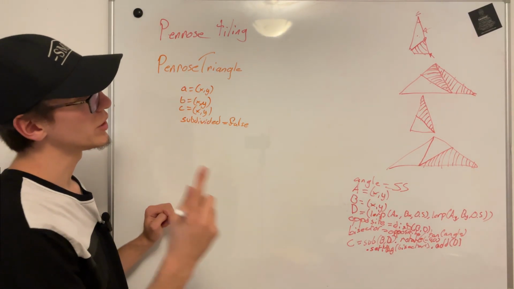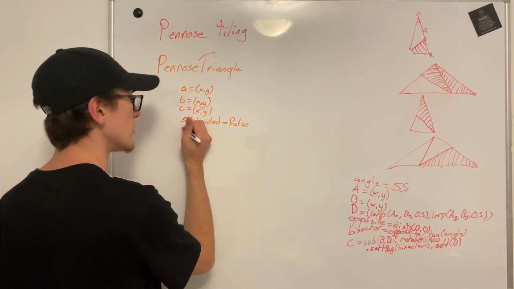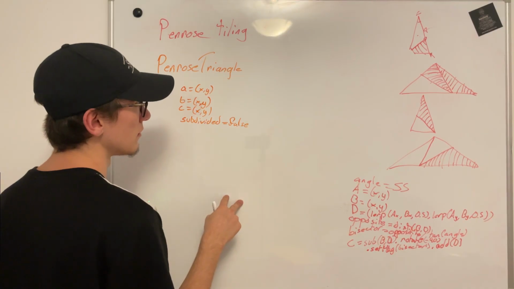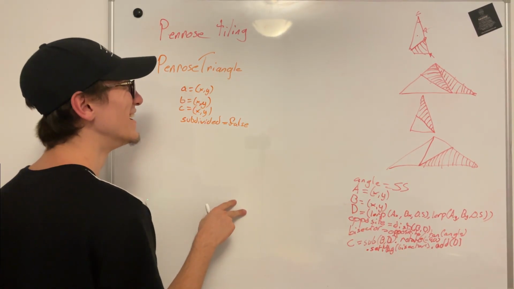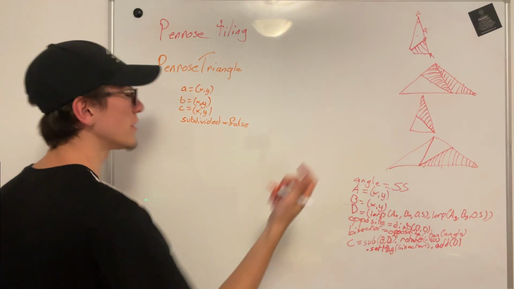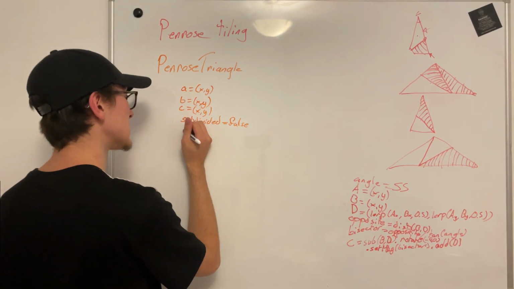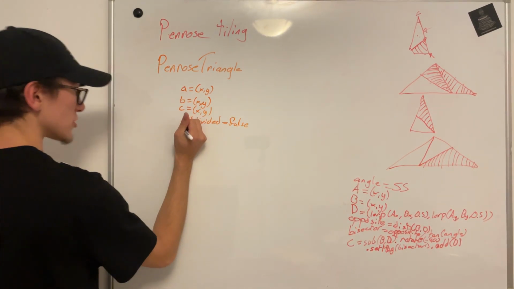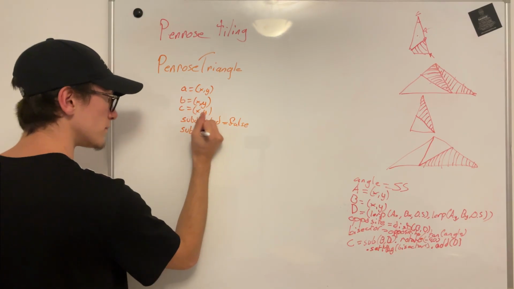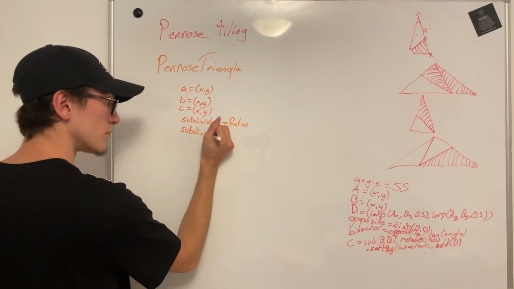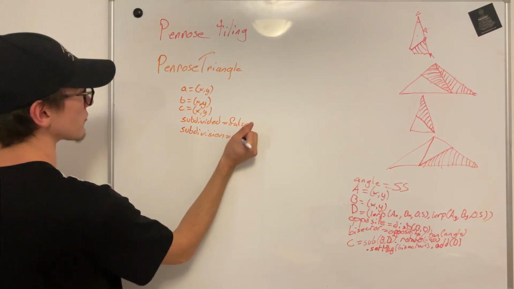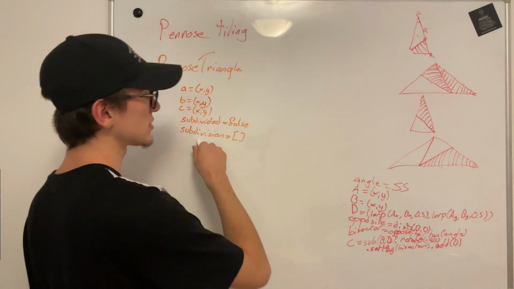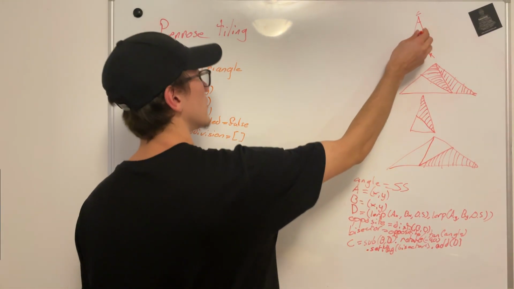And then we will also want a list of subdivisions, right? We can call that subdivisions, or triangles, or whatever you want to call this, which will be an empty list to begin with. Whenever subdivide is true, then subdivision should be containing those triangles, right?